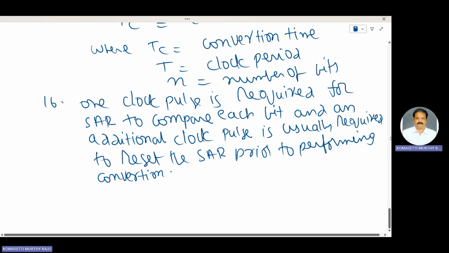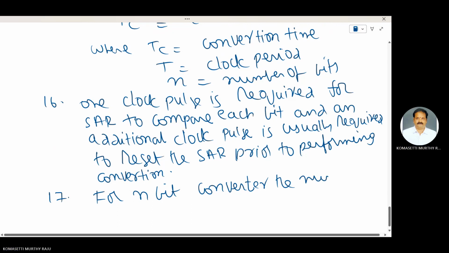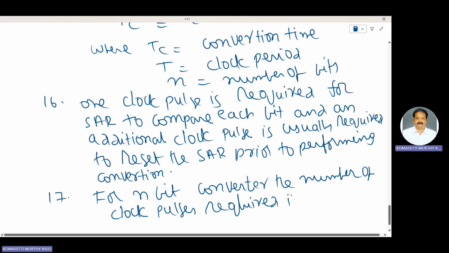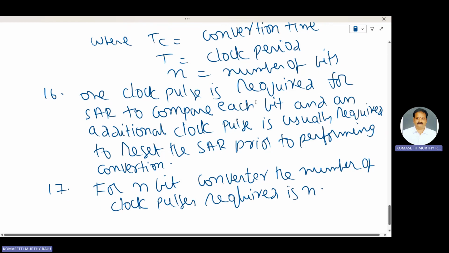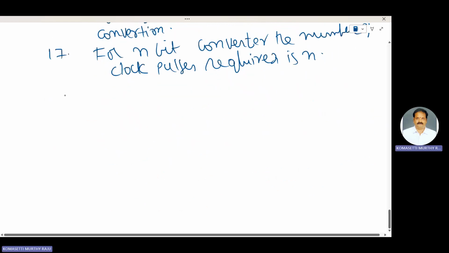For an n-bit converter, the number of clock pulses required is n. These are some important points related to the successive approximation analog to digital converter.